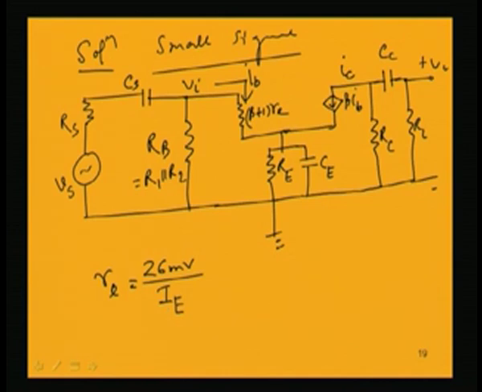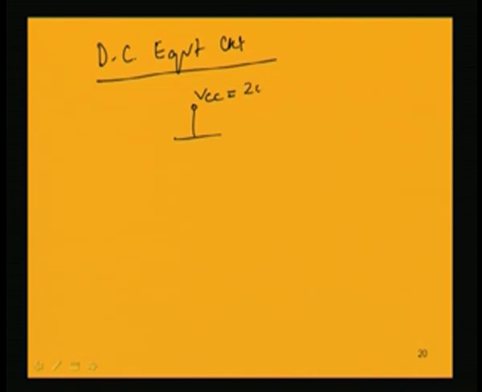So, in order to know the DC current, we have to again draw the DC equivalent circuit. If we consider the DC equivalent circuit, we will be left with VCC, the VCC is 20 volt, and R1, R2, RE, RC.